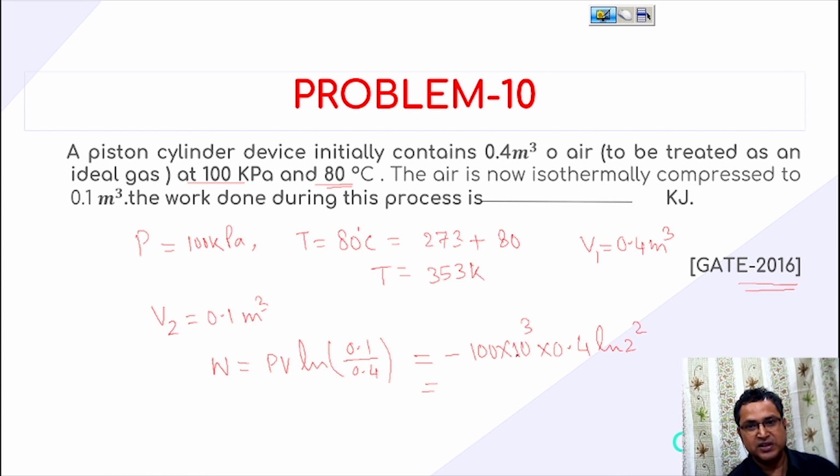Zeros cancel, this is 40 into 2, that is 80, minus into ln 2, taking ln 2 as approximately 0.7, times 10 raised to the power 3 joule, that is minus 56 kilojoule. So approximately minus 56 kilojoule of work has been done in this isothermal compression process.